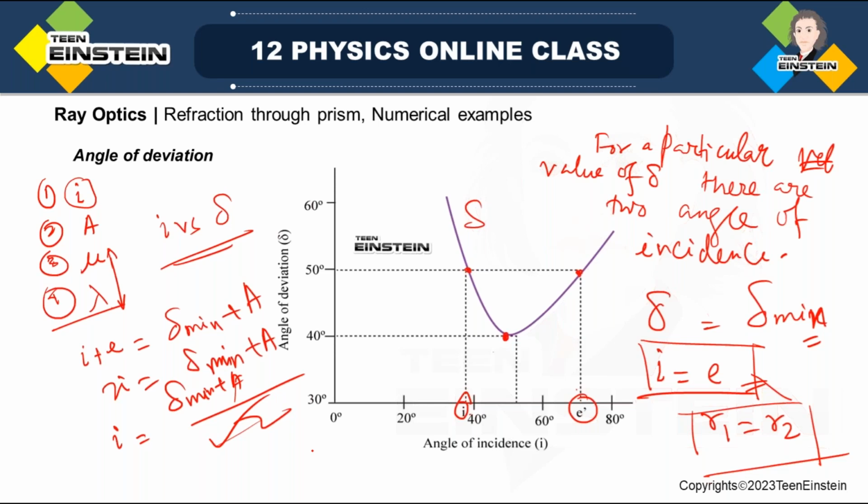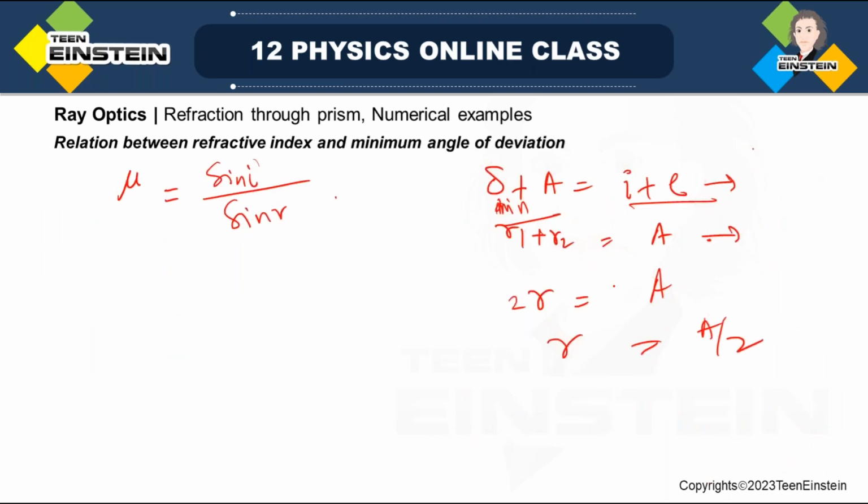Okay, so we have got r. With r, there was a relation R1 plus R2 is equal to A. From there we have got the angle of refraction. So sine i is sine of delta minimum plus A by 2.